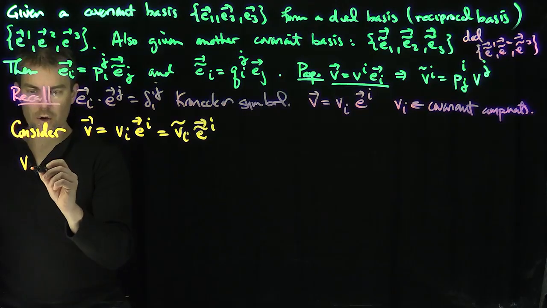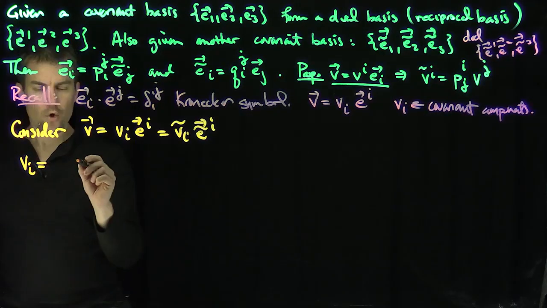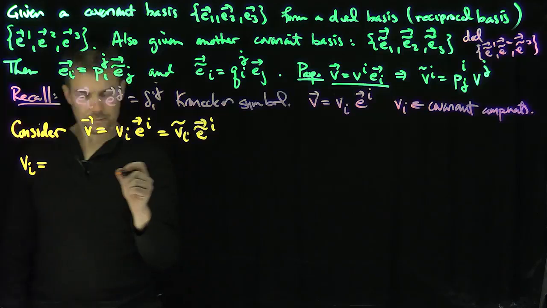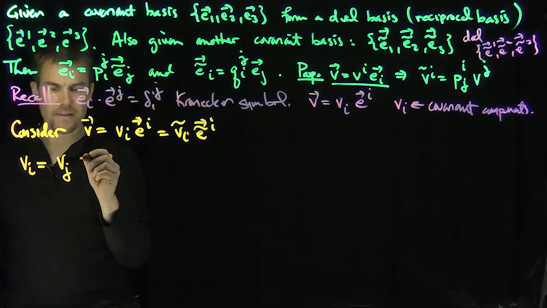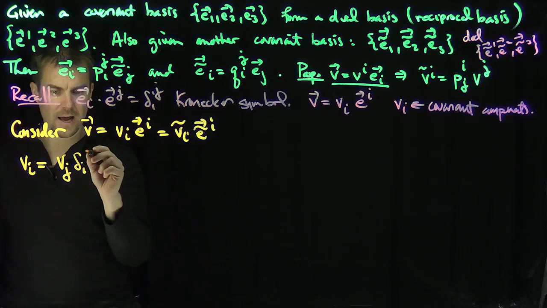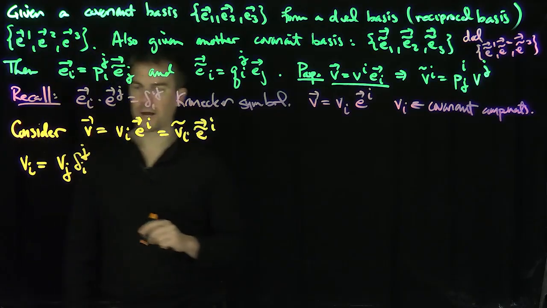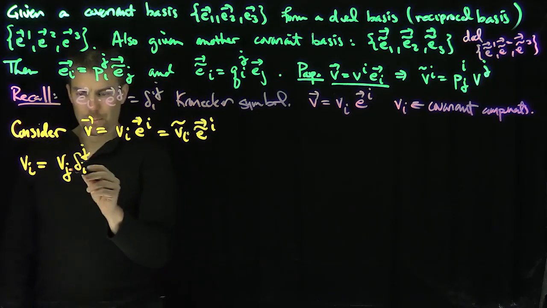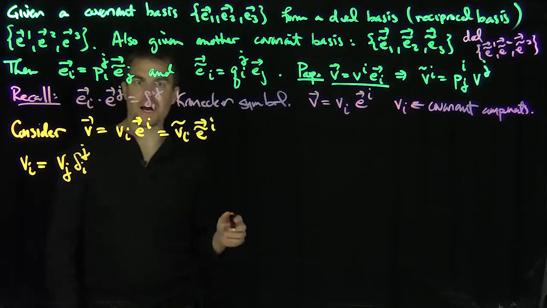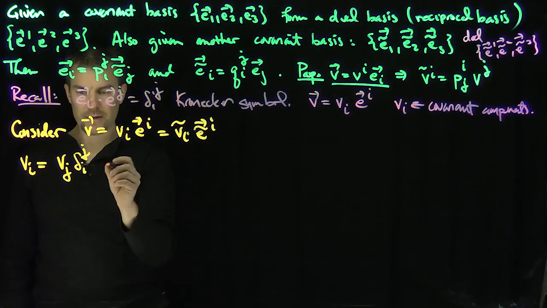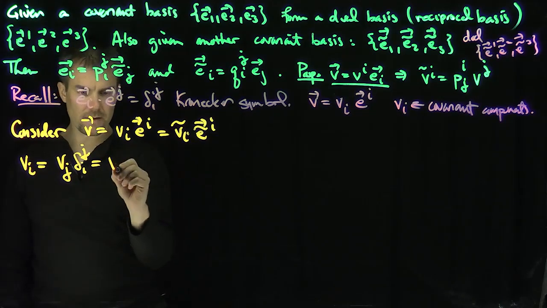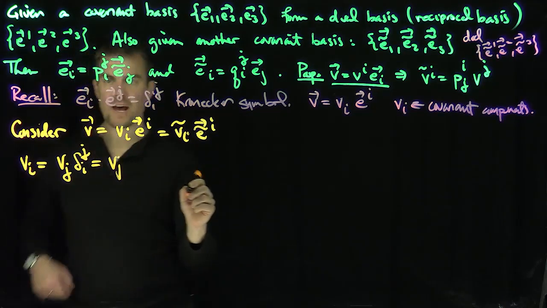So a coefficient Vi, for example, would be, let's say, Vj and then delta ij like that. Okay? That would pluck out the i component, right? Now, delta ij is exactly equal to these Ei's, right? So this is exactly going to be Vj, and then I'm going to have an Ej.